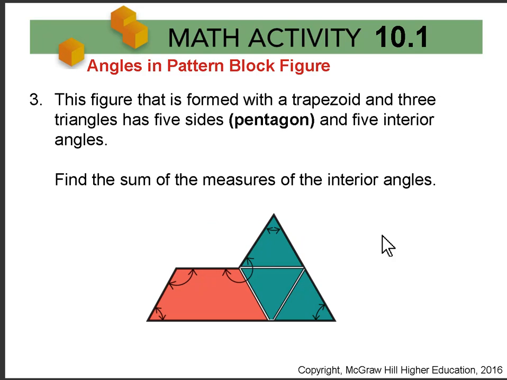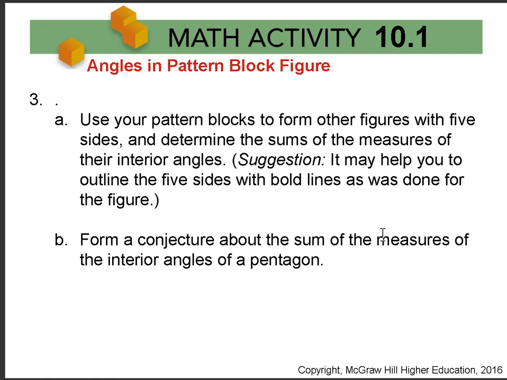Then in 3, we repeat these ideas, but now we're going to look at 5-sided polygons, pentagons. So form a variety of them and find the sum of the measures of the interior angles. And follow this up with a conjecture about the sum of those interior angles for any pentagon.